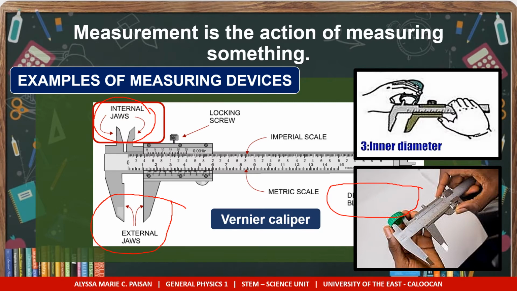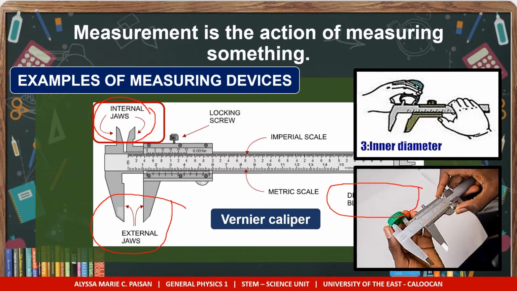So for example, you become an engineer, chemical engineer, sanitary engineer, or whatever engineer, you need to know the internal diameter of pipes that you're going to use in building different houses. In the case of chemical engineers, usually they deal with water stations, water reservoir and stuff.